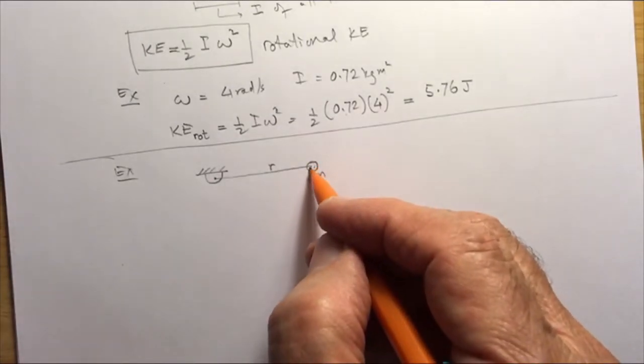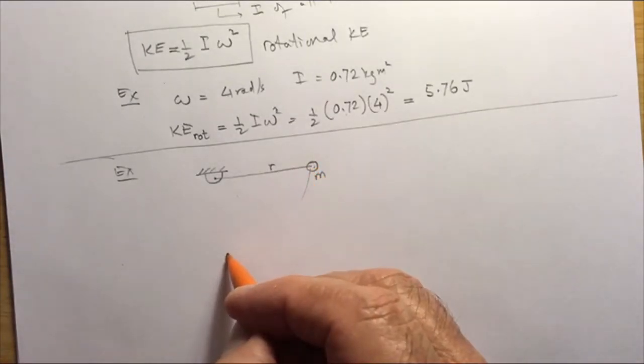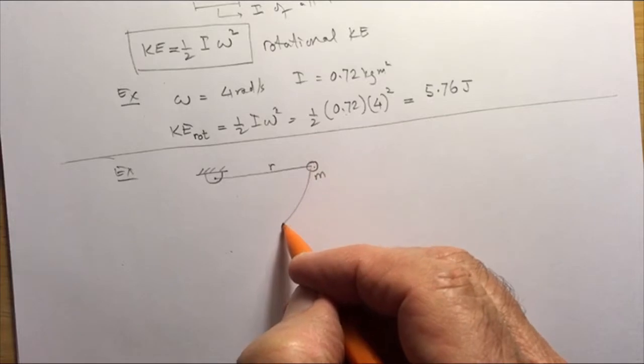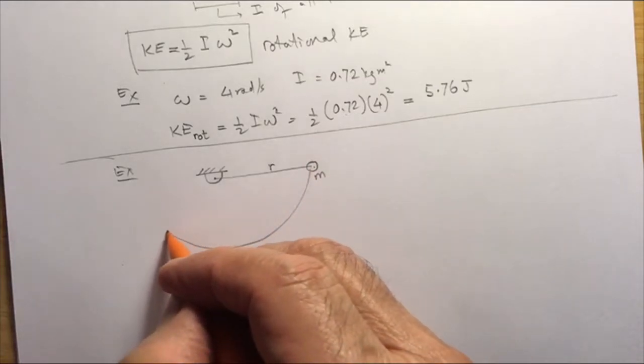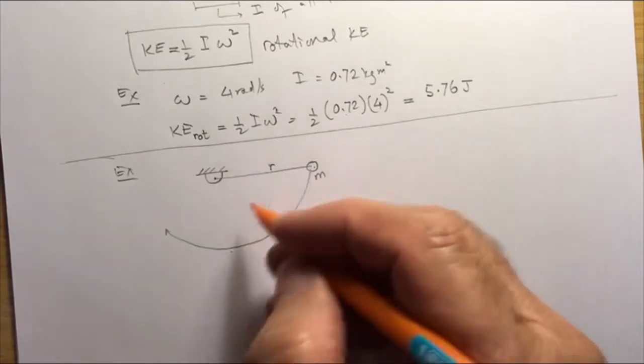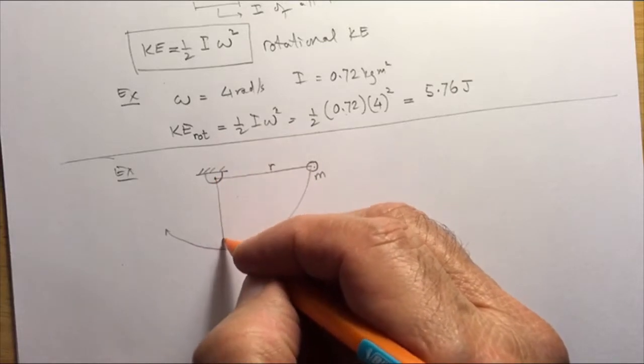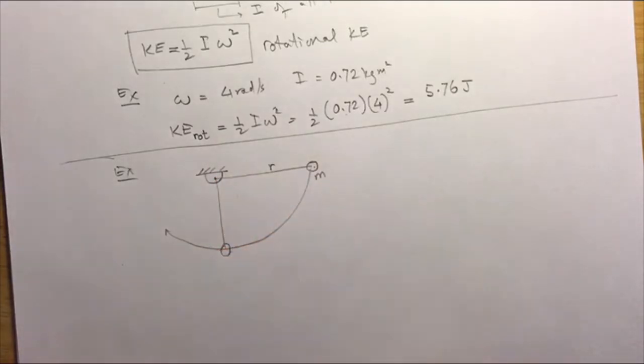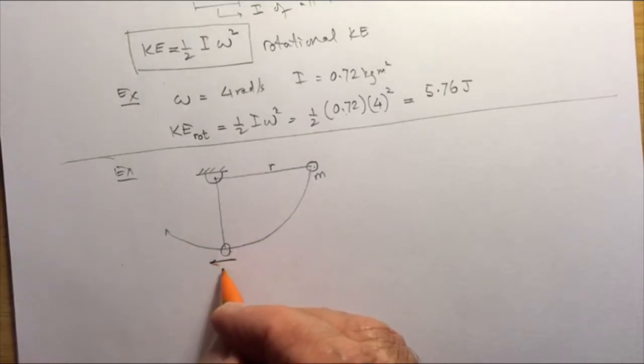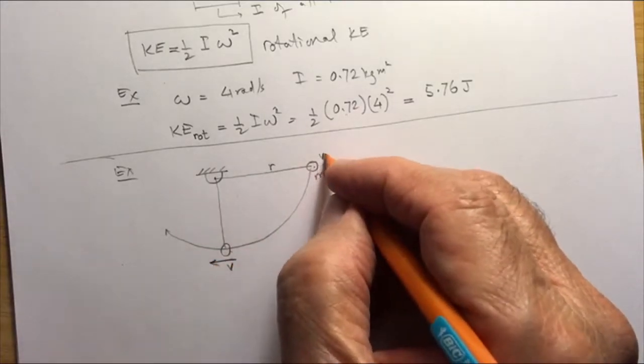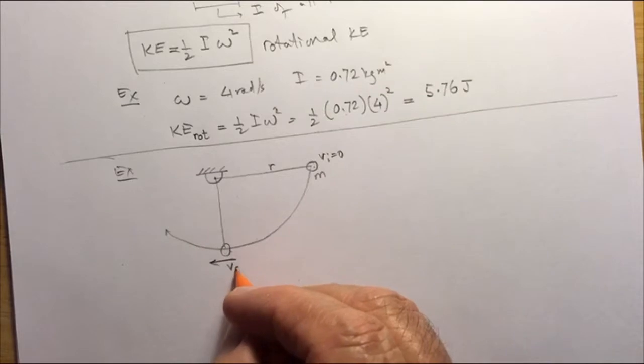So as we let it go, it's going to swing, and it's going to go like this, and we want to find its velocity when it's at the lowest point. What is its v over here, given that v initial is 0, that's v final.